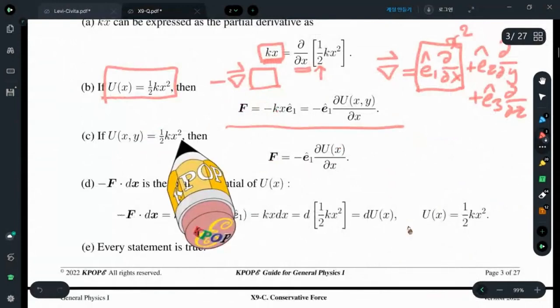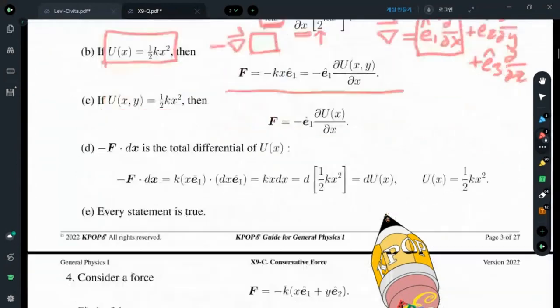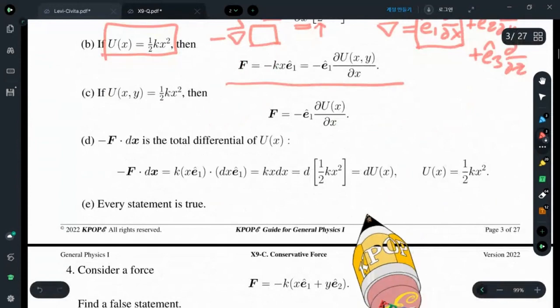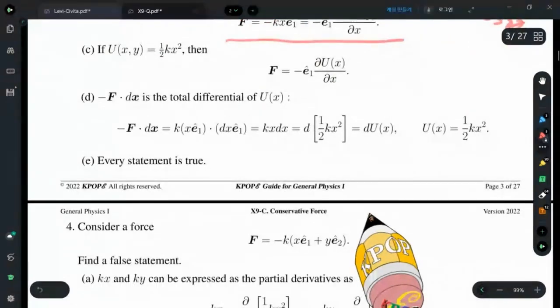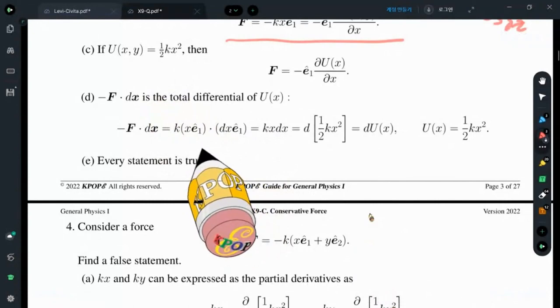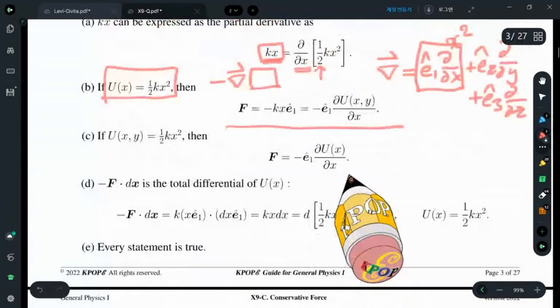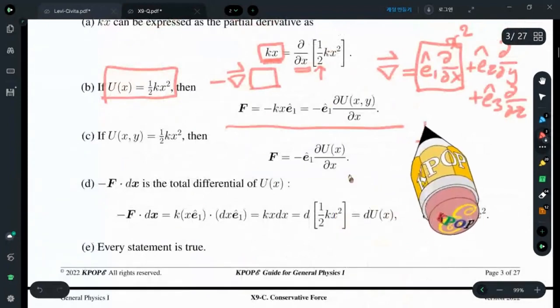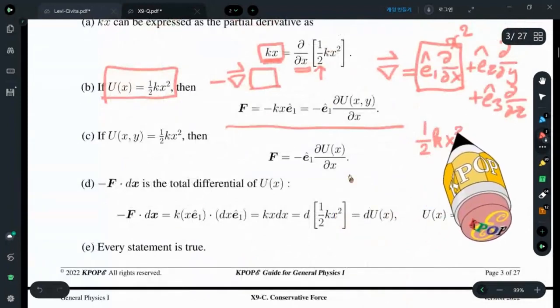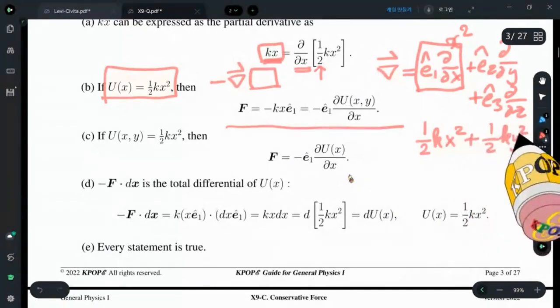Even if we extend this one into 2 dimensions or even 3 dimensions, the shape is always the same. In here, if we consider the 2-dimensional case, what we need to do is just consider 1/2 kx squared plus 1/2 ky squared.